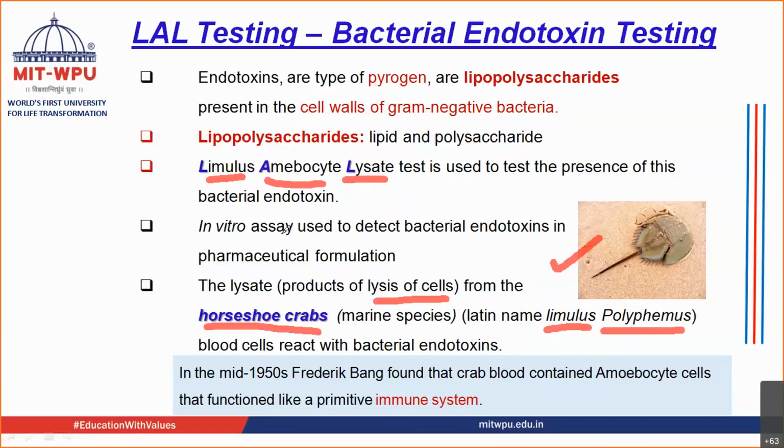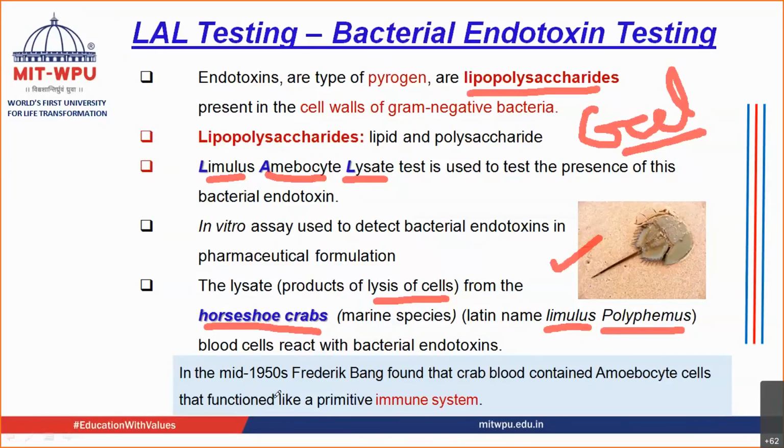Once you do the lysis of blood, it contains amebocytes. When these amebocytes react with lipopolysaccharide, there is a formation of gel. This is used basically to detect the presence of bacterial endotoxin.